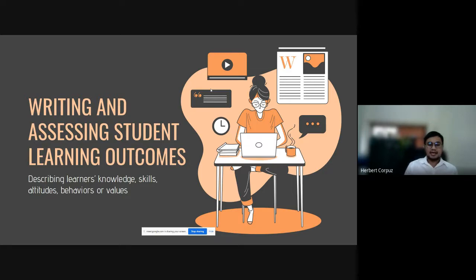Hence, the learning outcomes. Okay, the learning outcomes are statements to provide a description or to clarify what kind of knowledge, what skills and attitudes or even behaviors or values we would like our learners to learn, or achieve or attain in the context of the discussion.